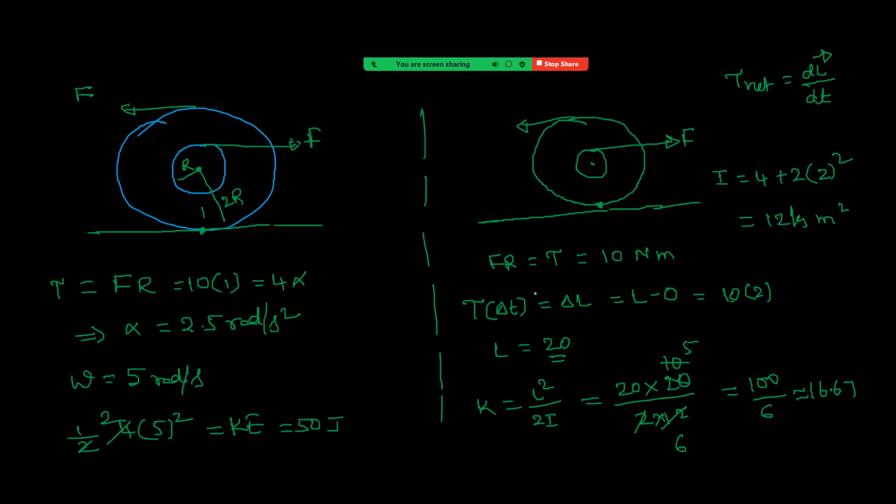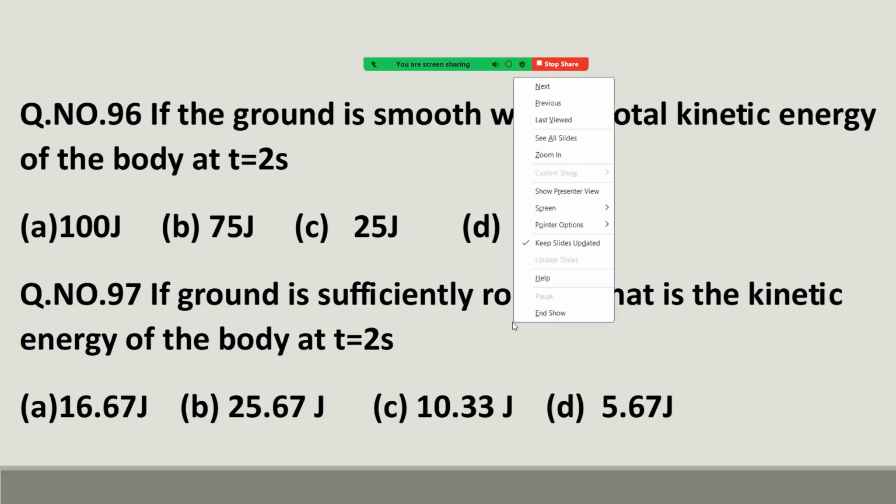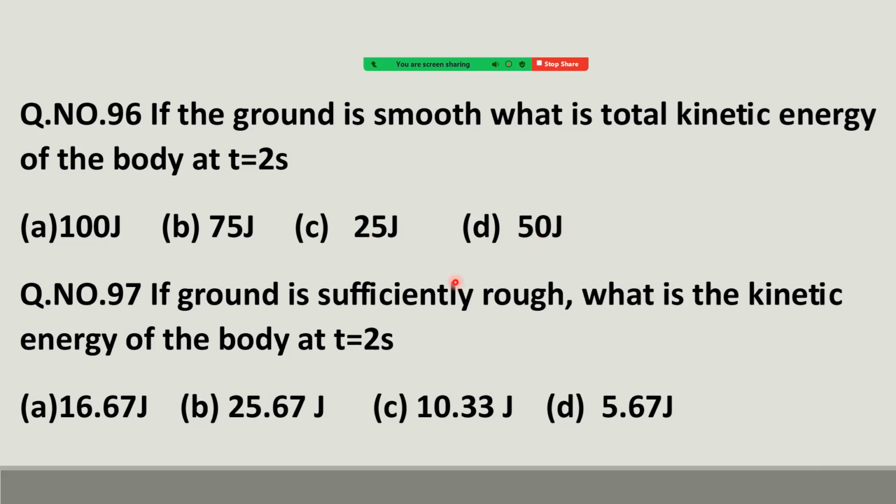So this is more simple when compared to that method, right? So first one 50 joules, second one 16.67. So options are for the first one 50, second one 16.67. Okay. So I hope you got clarity on how we are taking the concept of instantaneous axis of rotation, right?